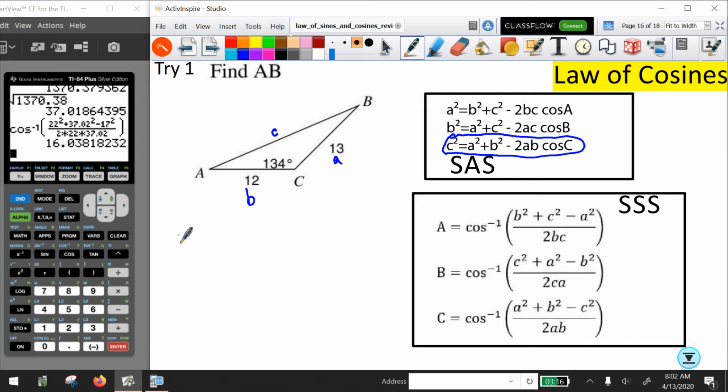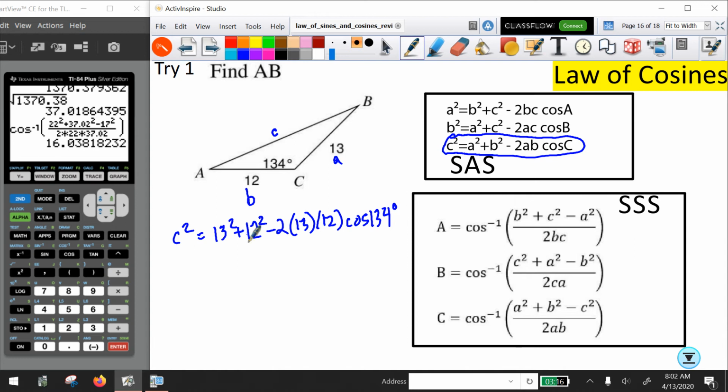So we have c squared is equal to a squared plus b squared minus 2 multiplied by a multiplied by b multiplied by the cosine of angle C, 134 degrees.